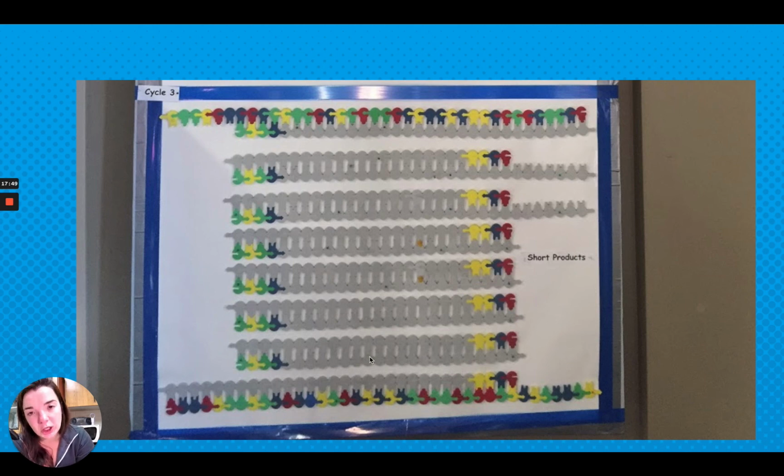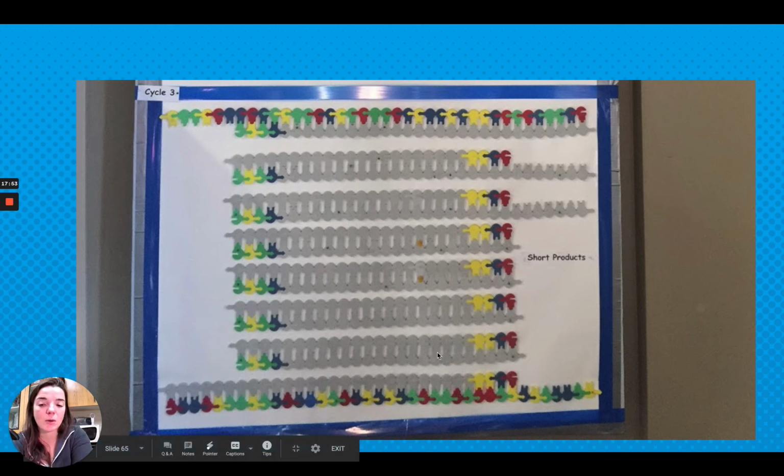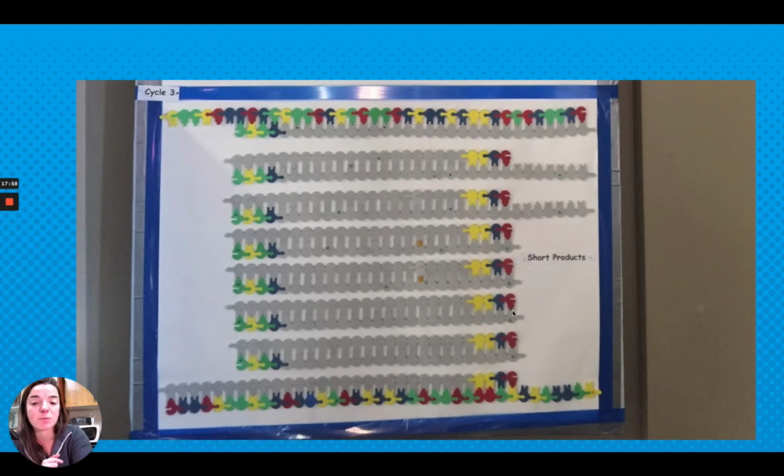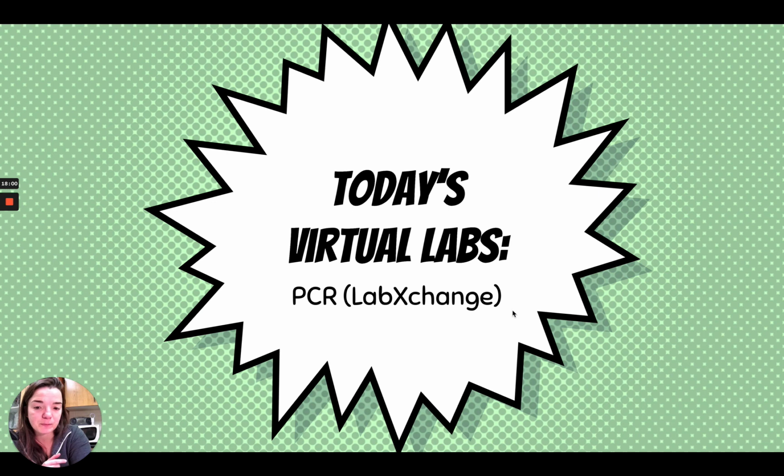That is the target sequence at the intended length, where you see primer 1, primer 2, and the only piece is the bookends between those two primers. So what we are going to be looking at is both Labster and Lab Exchange as ways to explore what PCR is, to make sure that you have a concrete understanding of this. PCR is kind of the basis for, or the preliminary step to get to, gel electrophoresis.